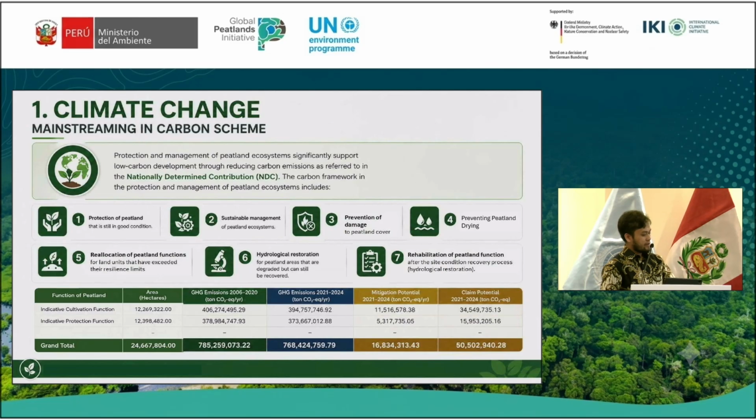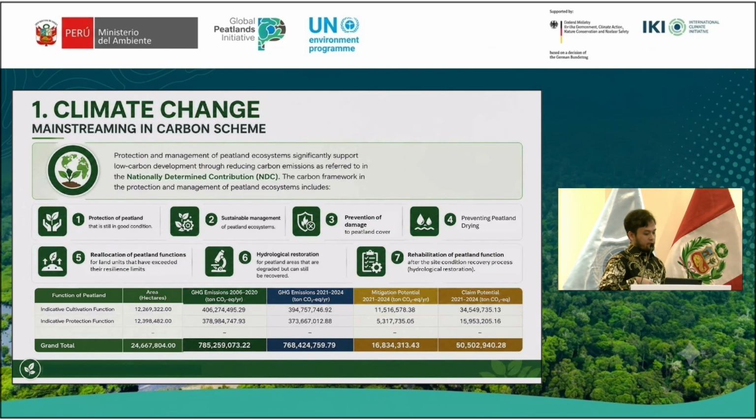Historically, the greenhouse gas emissions from these peatland areas were estimated at 785 million tons CO2 equivalent per year for the period 2006 to 2020. For the period 2021 to 2024, the emission reduced to approximately 768 million tons CO2 equivalent per year.